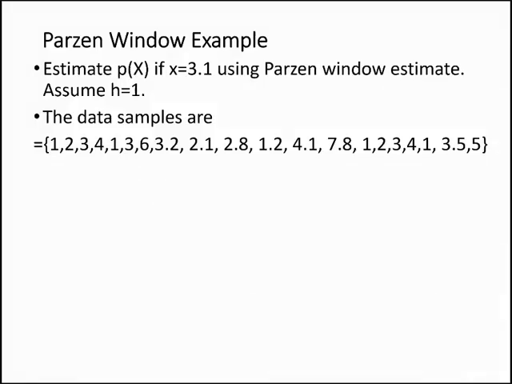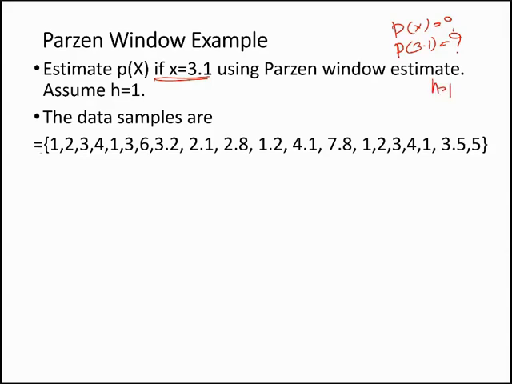So here the question is: estimate P of X if X is equal to 3.1 using Parzen window estimate. Assume H is equal to 1. So this is given to us, and the question is what is P of X. Now X is here 3.1, and H is 1.